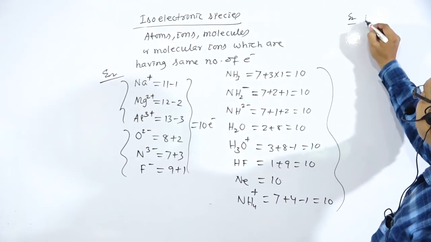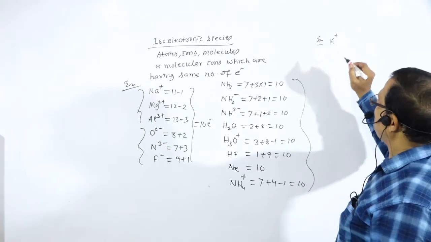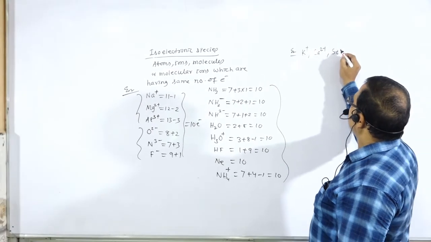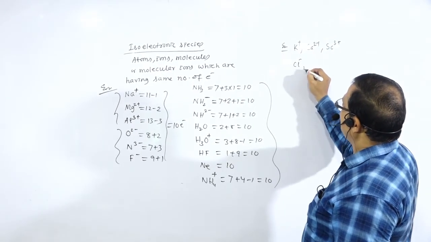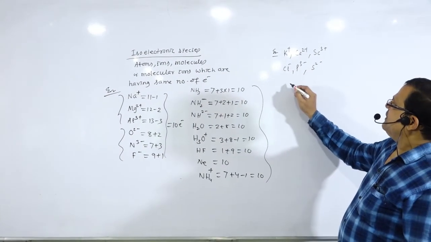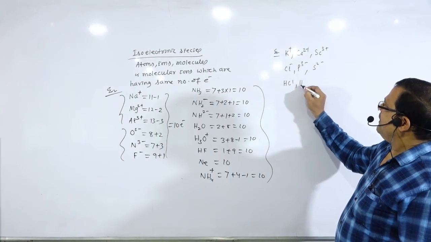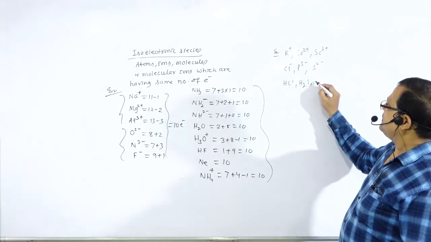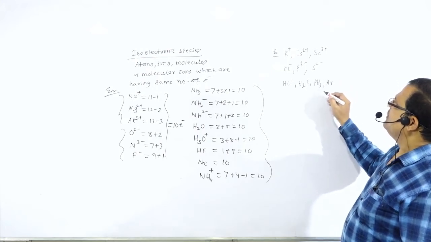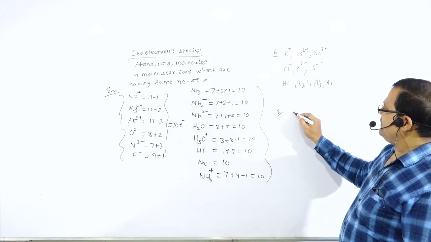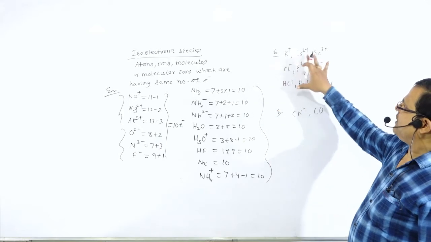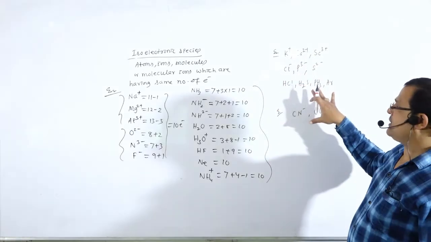For example, this is a task for you: K+, Ca2+, Sc3+, Cl-, P3-, S2-, HCl, H2S, PH3, or argon. Another example, CN- and CO. So we have to calculate the number of electrons present in all these cases.